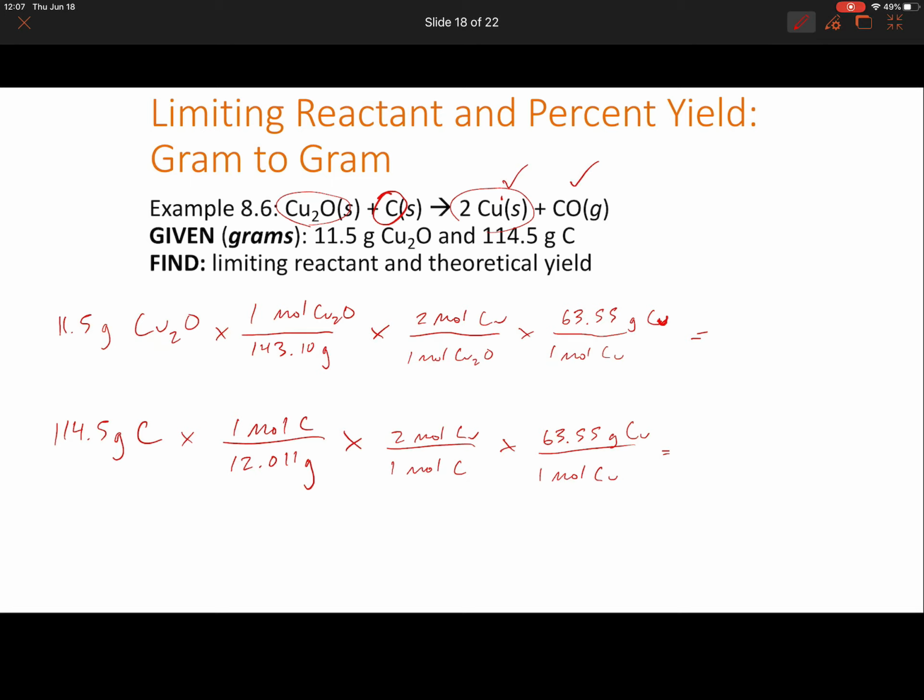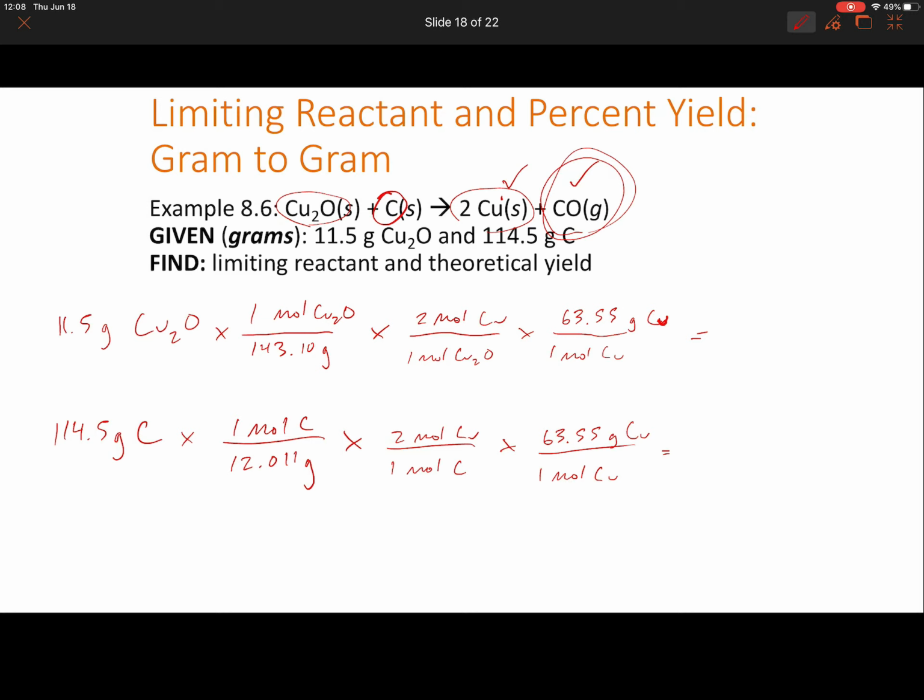The main conversion factors here are, again, obtained from the balanced equation. And then we needed some molar masses: the molar mass of copper 1 oxide, the mass of carbon, and the mass of copper. If we were using carbon monoxide as our product, we would have to get the mass of the carbon monoxide.